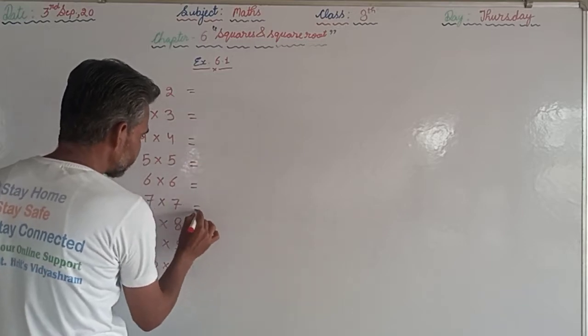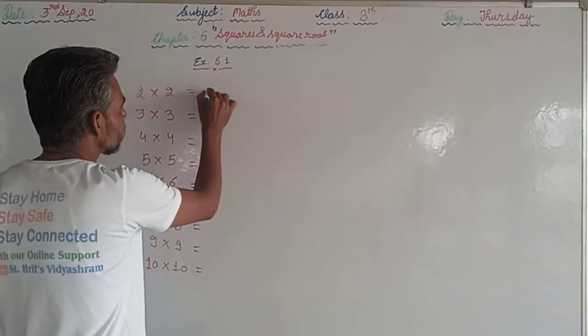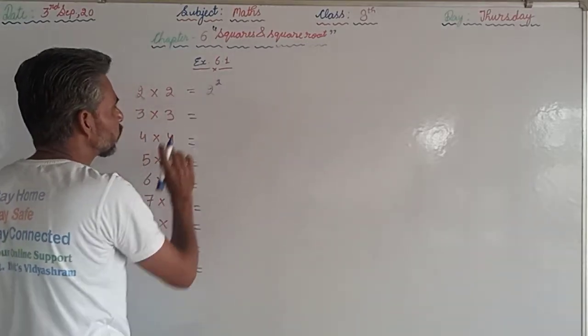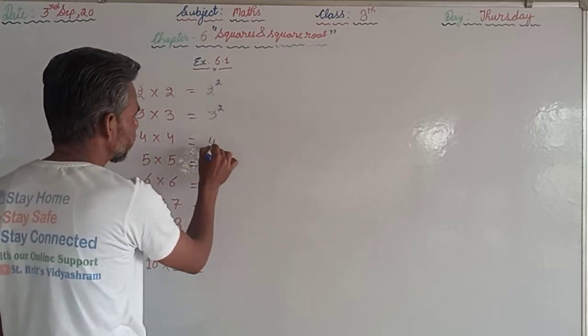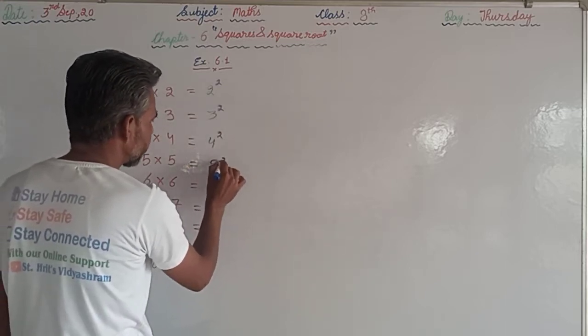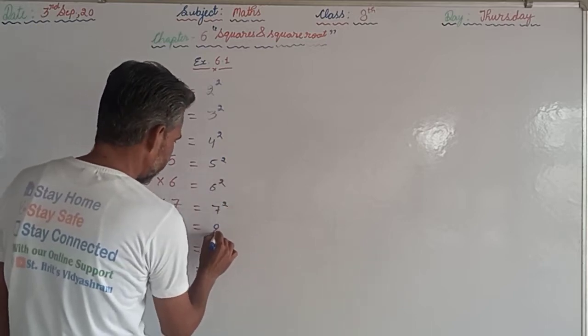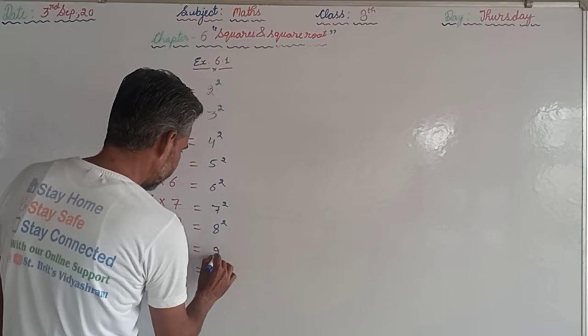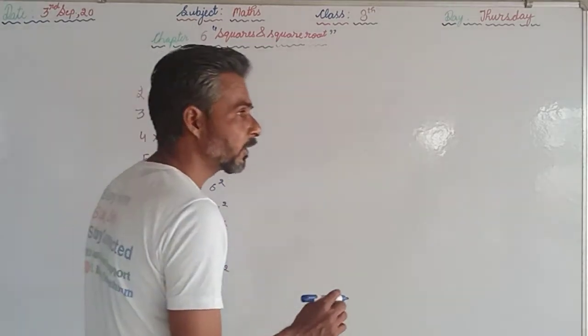How to represent the square? 2 into 2 means 2 raised to power 2, 3 into 3, 3 raised to power 2, 4 raised to power 2, 5 raised to power 2, 6 raised to power 2, 7 raised to power 2, 8 raised to power 2, 9 raised to power 2, 10 raised to power 2. What we are writing?